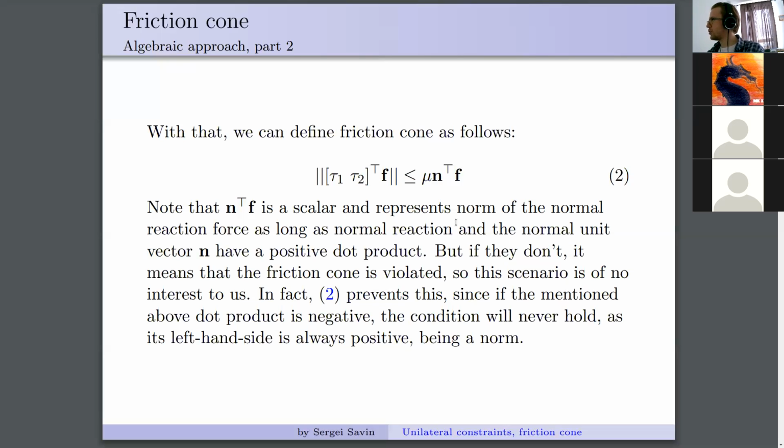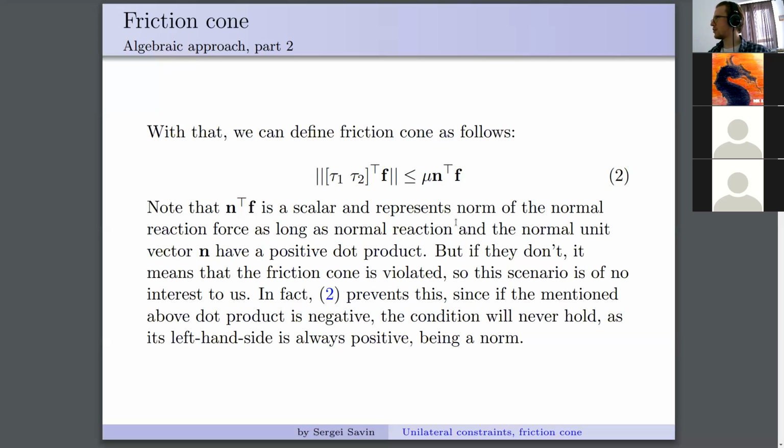You cannot possibly produce forces that pull on us. That is why we went through this nonsense with coordinate representations, because here we already cover this special case.